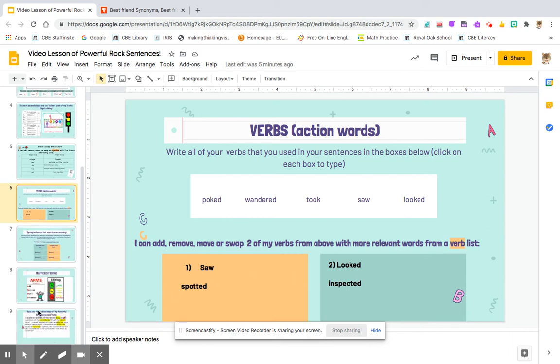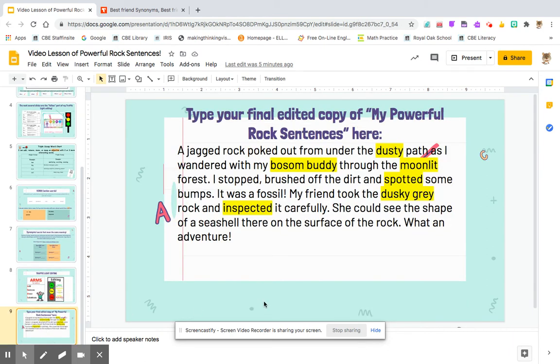And so I went into my text and I included inspected and replaced my other word. So I highlighted that one and I added in spotted instead of saw some bumps. So much more exciting.